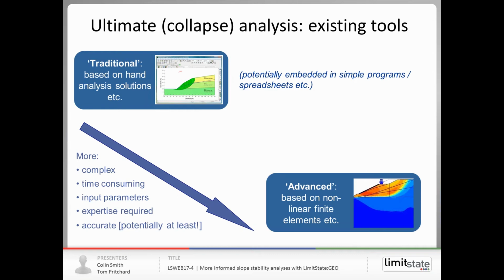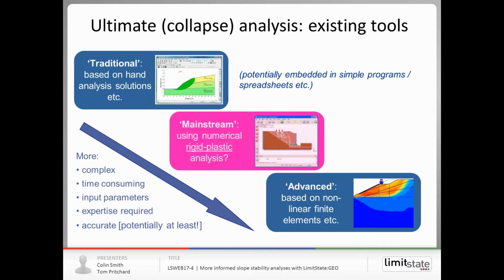But typically we require a lot more expertise to use that sort of software and a lot more data for the soil. And filling the gap in between, we feel is computational limit analysis or rigid plastic analysis.